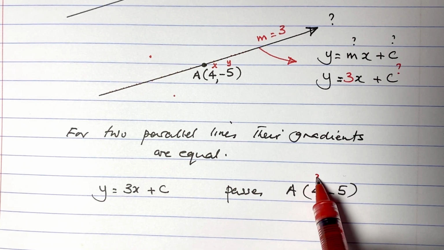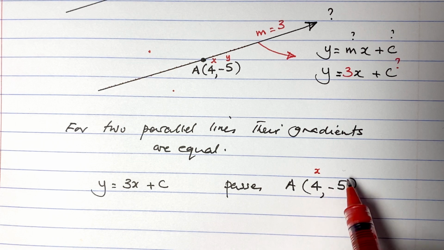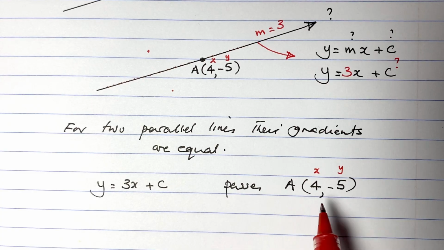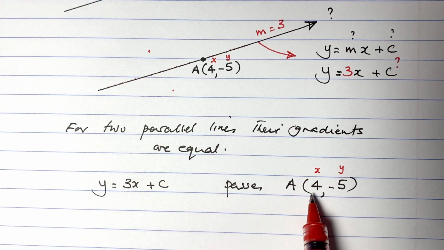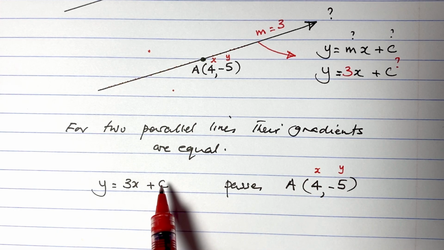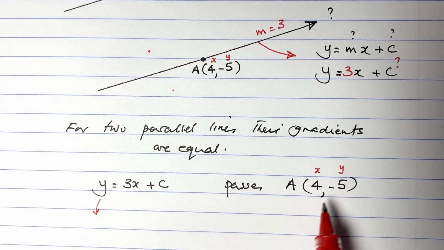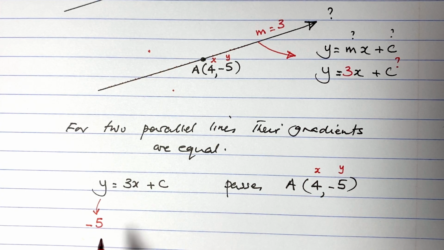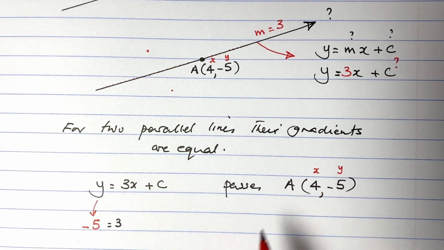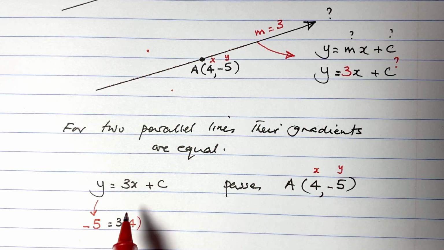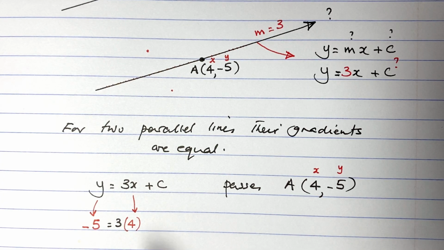So this is why I replace x with the x coordinate of the point that lies on the line and y with the y coordinate. I'm going to replace the x and y of the line with these two numbers so I can find the value of c. y is minus 5 equals 3 times x, which is 4, plus c.